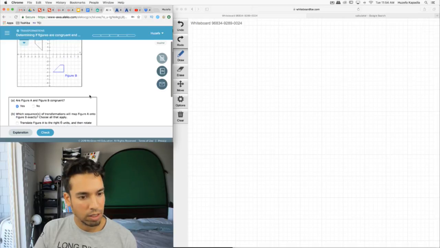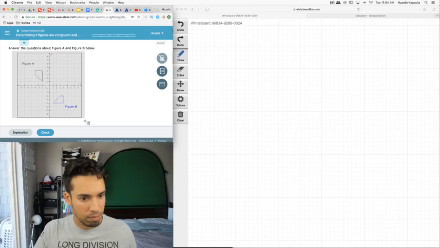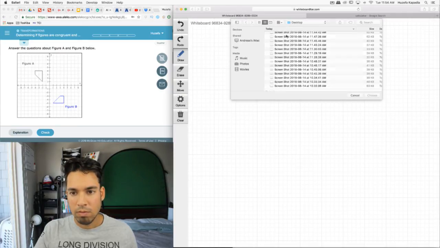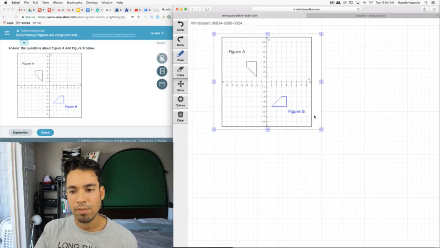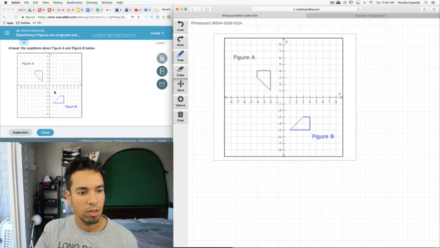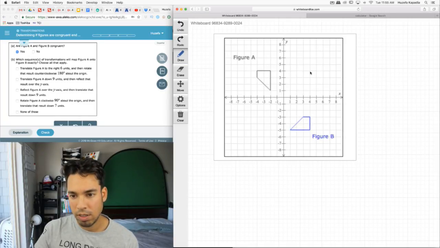Translate figure A 6 units to the right. Let me copy this over here. So then translate it 6 units to the right. So we go 1, 2, 3, 4, 5, 6. Okay.